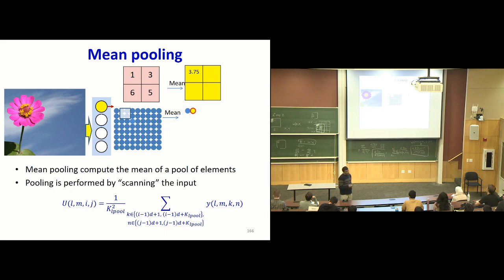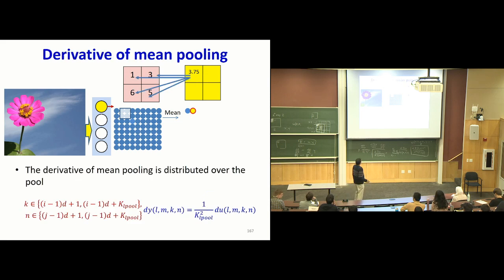So going backward, if I have some derivative over here, what would the derivatives with respect to these four terms be? It's just going to be 1/4 of the derivative there because it's going to be spread out, distributed over all four, right? So the derivative for all of these locations is simply going to be 1 over k squared of the derivative with respect to the corresponding output.